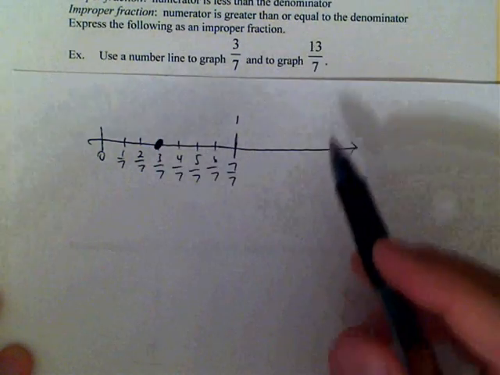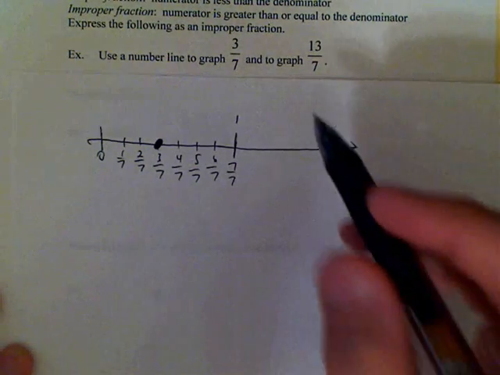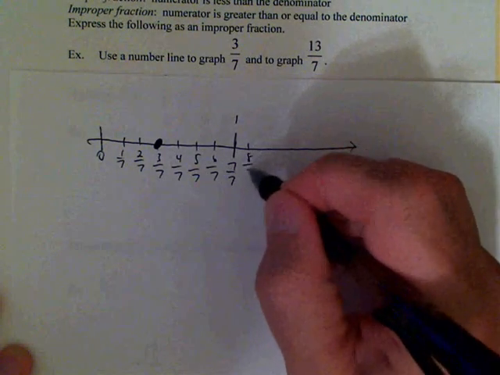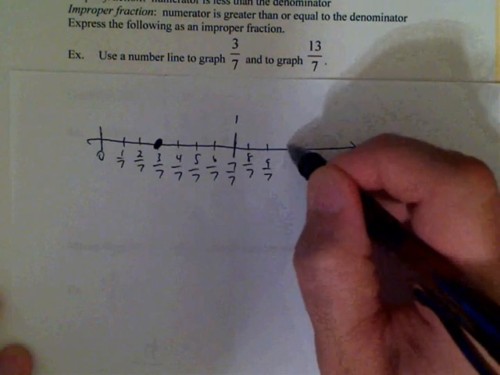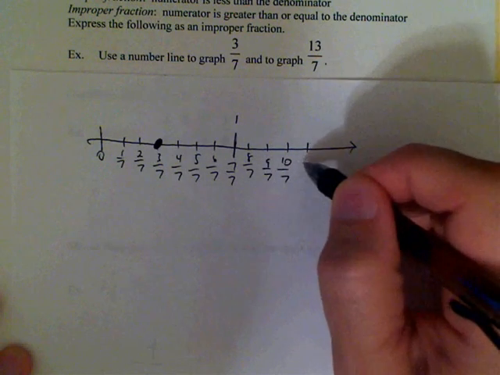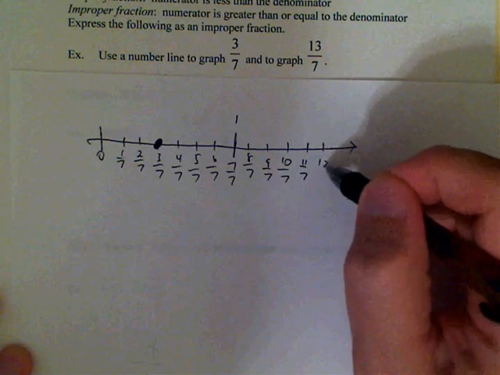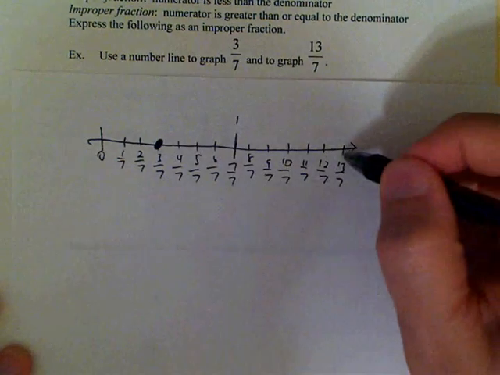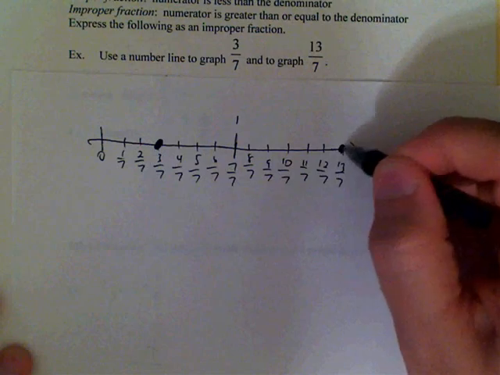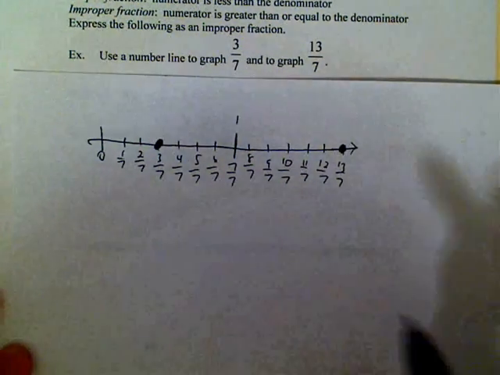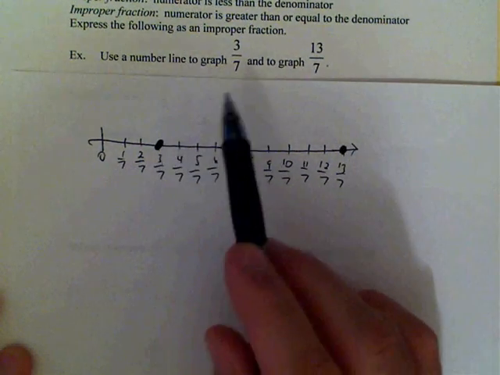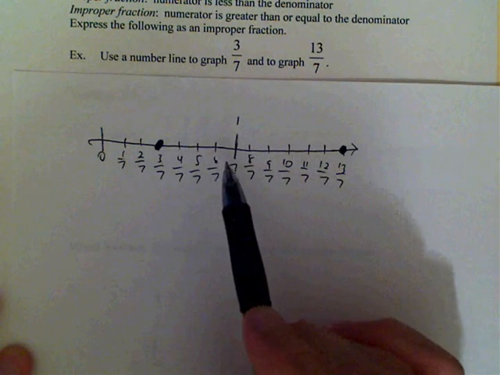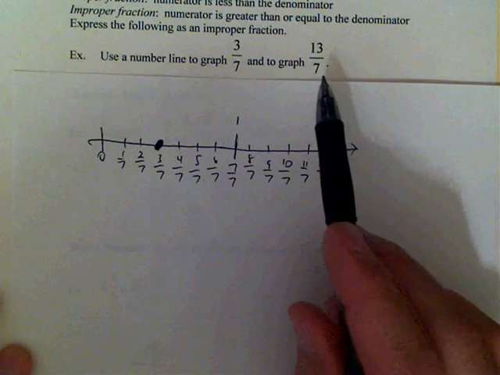Now in order to plot 13/7, we keep on going. 8/7, 9/7, 10/7, 11/7, 12/7, and 13/7. And there's the plot of 13/7. Notice that this proper fraction 3/7 is less than 1 and this improper fraction 13/7 is greater than 1.